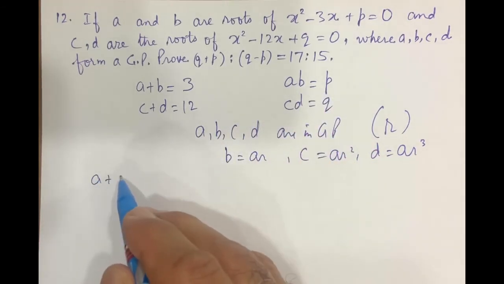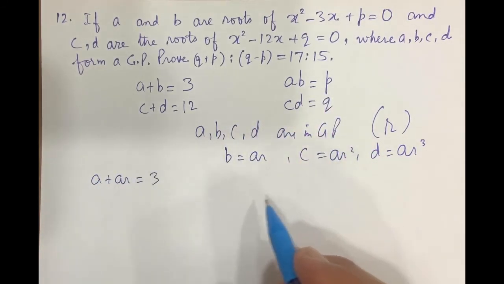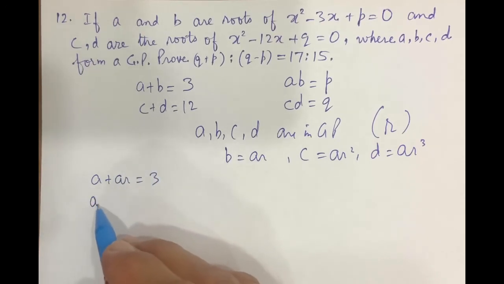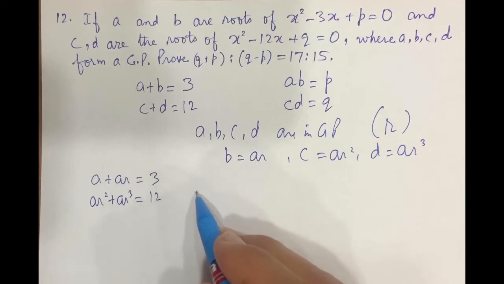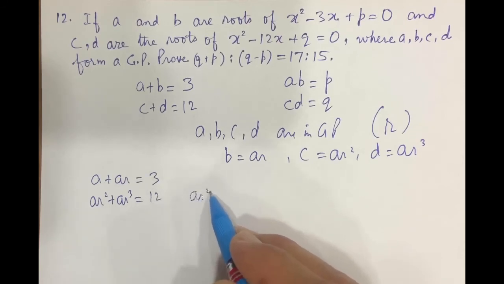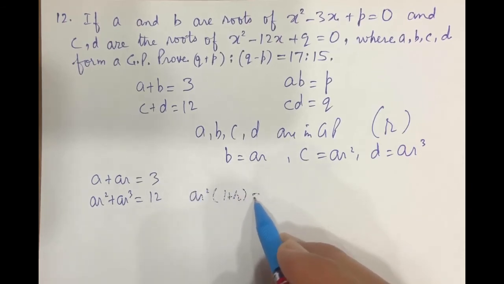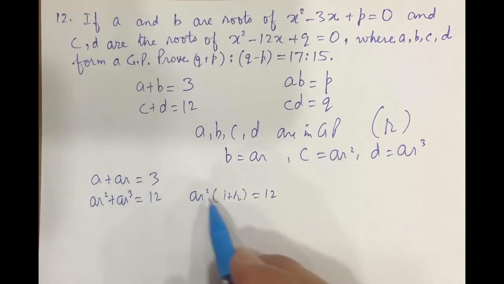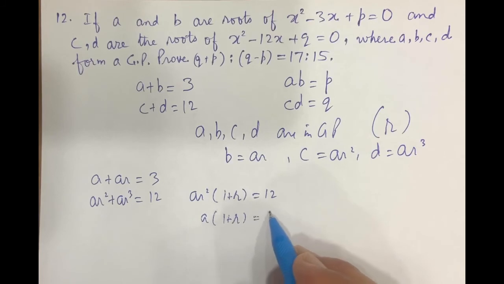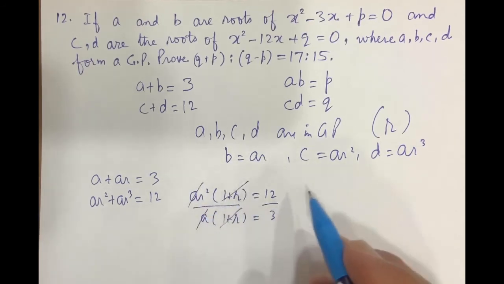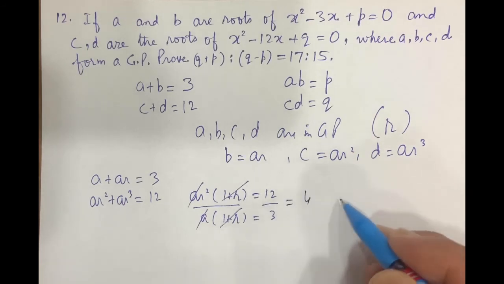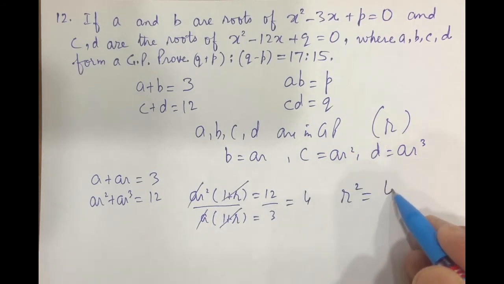A plus B is a(1 plus r), this is 3. C plus D is ar square plus ar cube, that is 12. So taking ar square common into (1 plus r), this is 12, and from this taking a common into (1 plus r), this is 3. Dividing, a will cancel out, 1 plus r will cancel out, 12 upon 3 is 4, r square is 4.